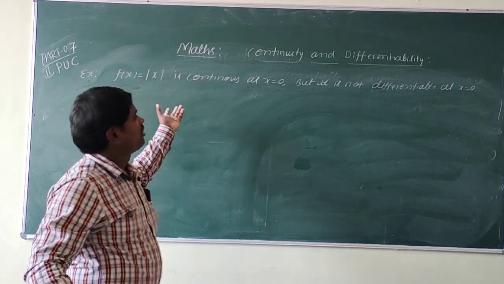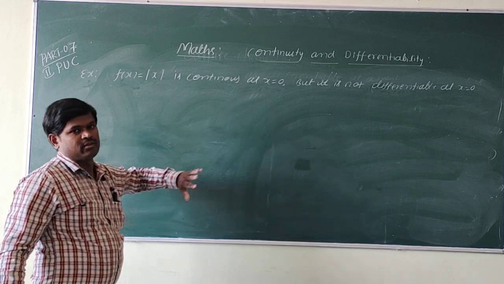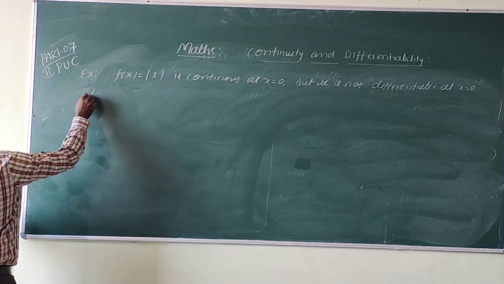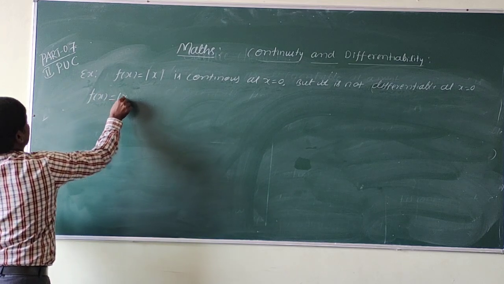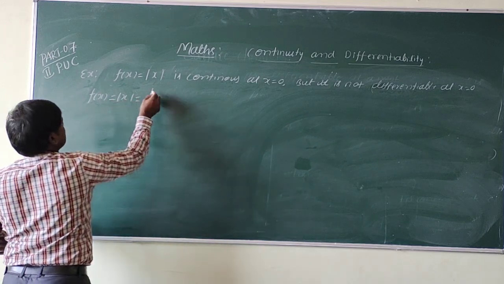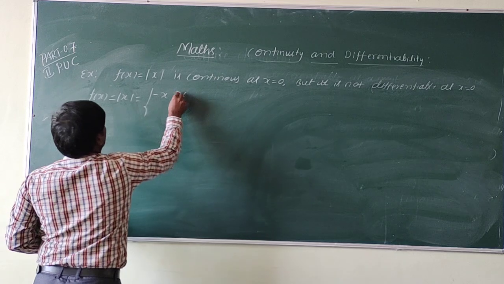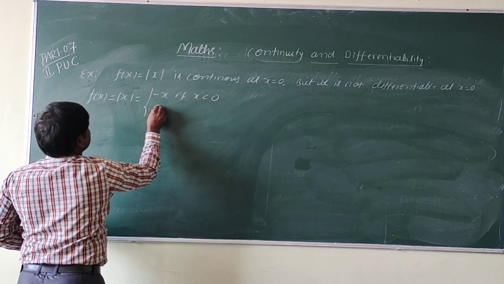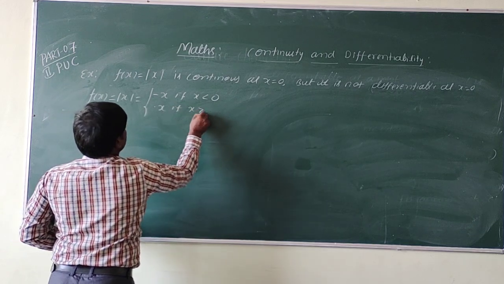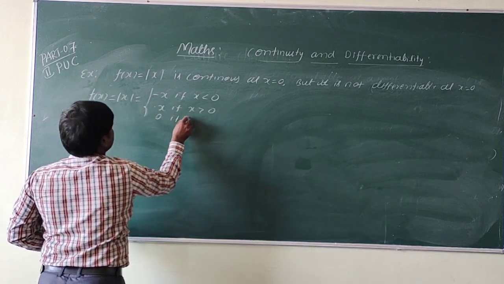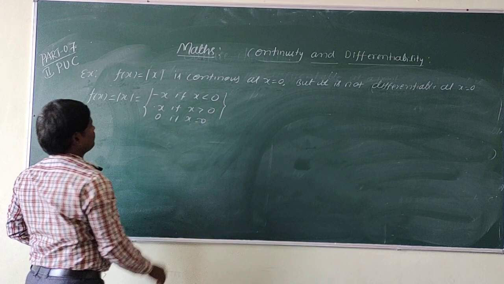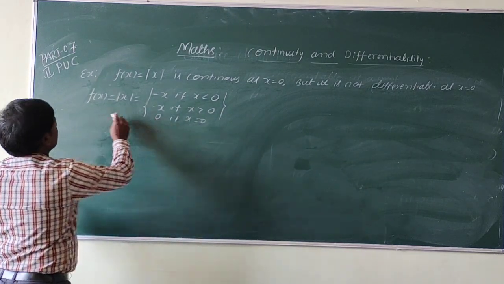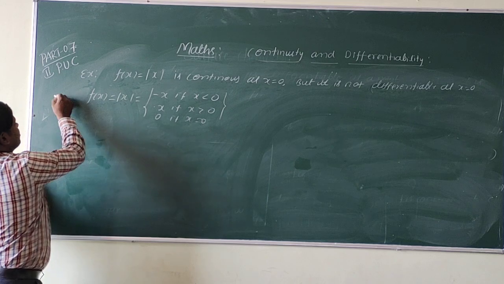Okay. So we are going to verify it. Solution, verification. So f of x equal to mod x is minus x if x is less than 0, plus x if x is greater than 0, and 0 if x is equal to 0. Okay, so this is the definition.